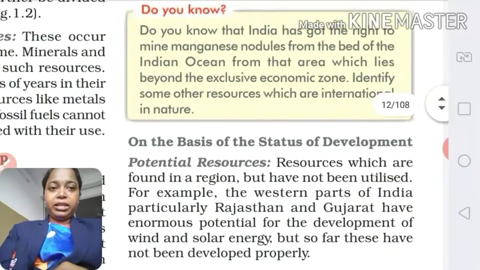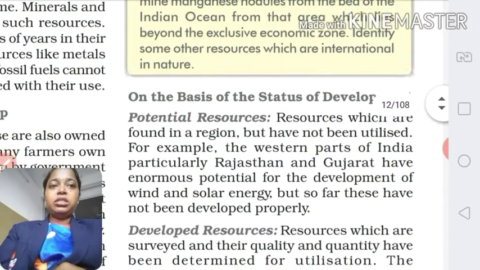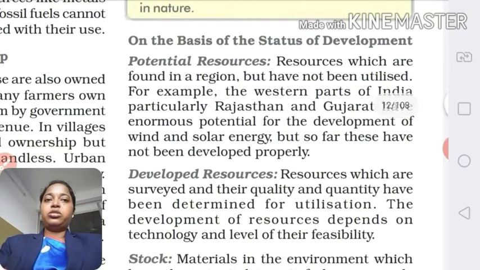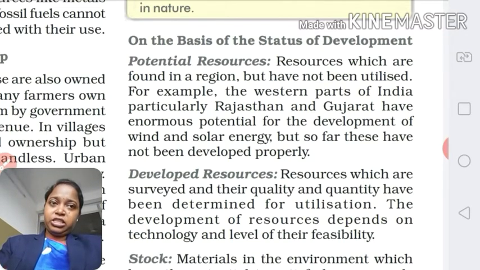Now the last point, on the basis of the status of development, we are going to conclude the main points. Those are potential resources, developed resources, and stocks. First, potential resources are resources which are found in a region but have not been utilized. For example, western parts of India, particularly Rajasthan and Gujarat, have enormous potential for the development of wind and solar energy, but so far these have not been developed properly.